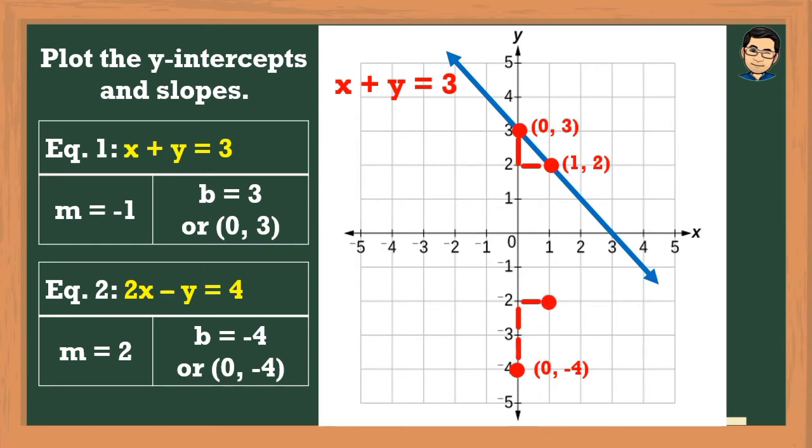And then we stop at that point. The name of that point is (1, negative 2). Again, when naming an ordered pair, the x comes first, and then y. And then we connect. That will be the graph of 2x minus y is equal to 4.